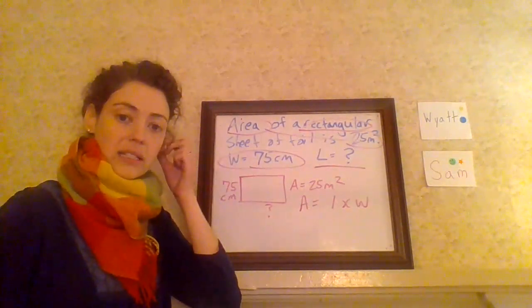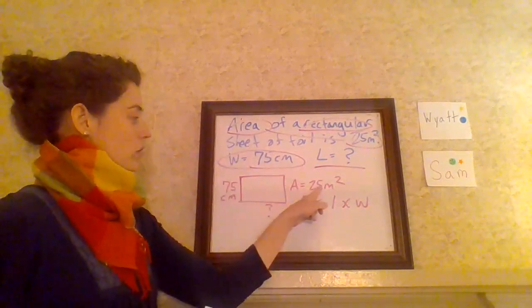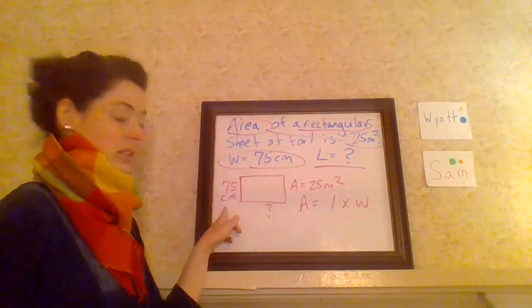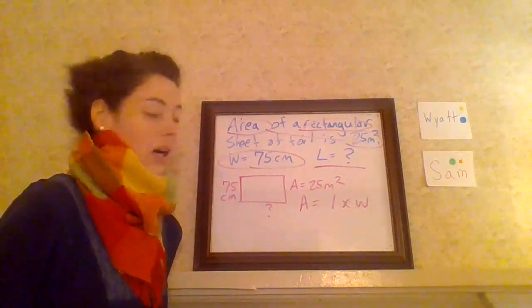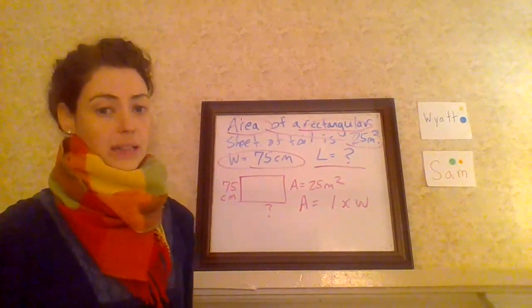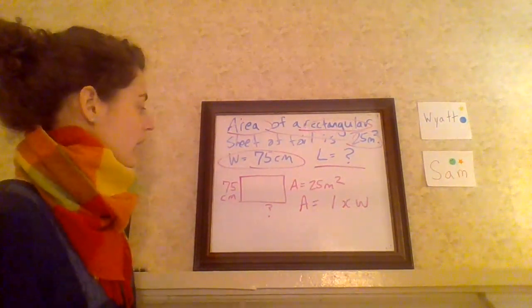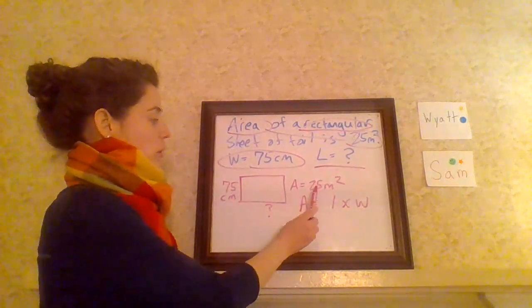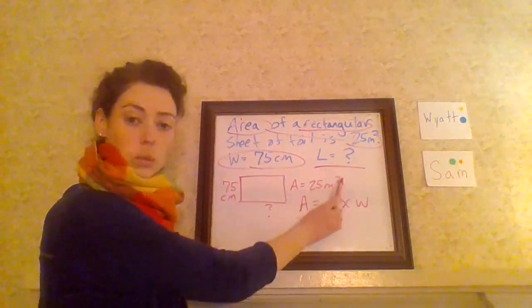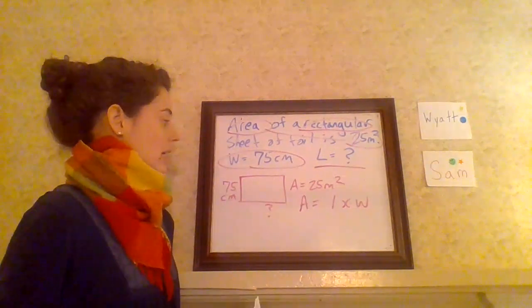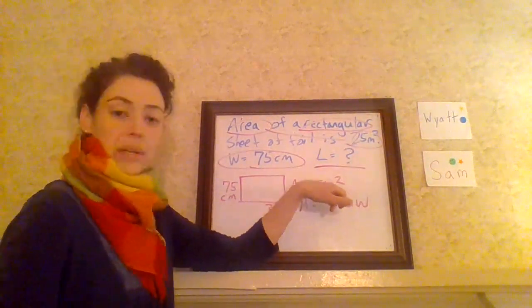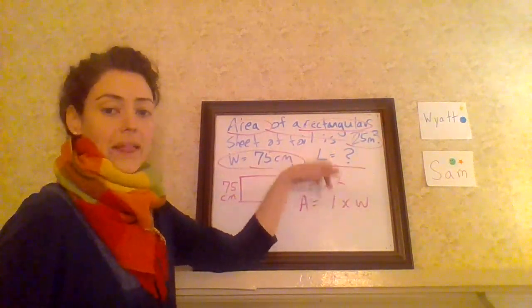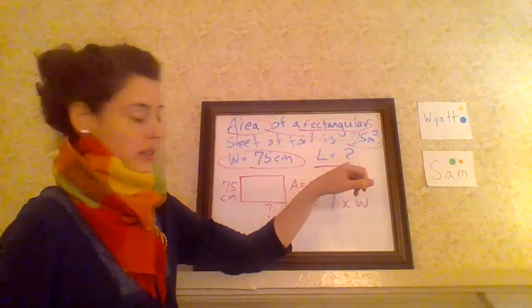So we have to decide: do we want to change the meters to centimeters, or the centimeters to meters? Either way is fine, and you will get the same answer either way. The only thing you have to remember about converting meters squared to centimeters squared is that 1 meter squared is worth 10,000 centimeters squared.